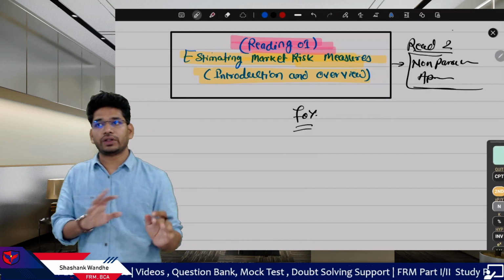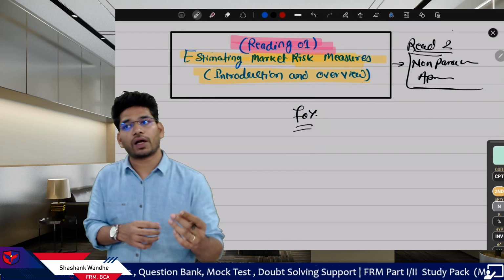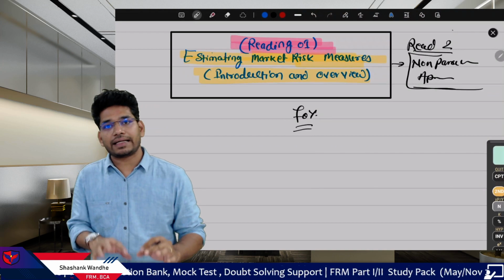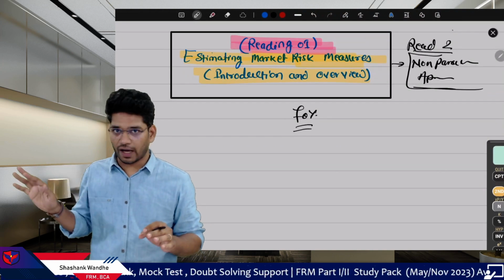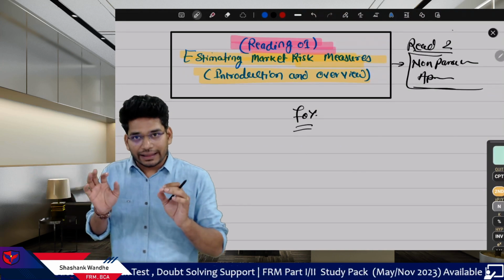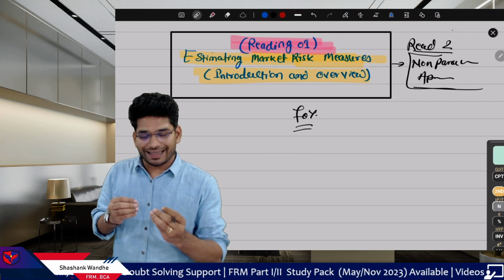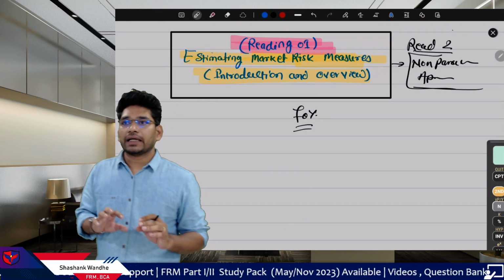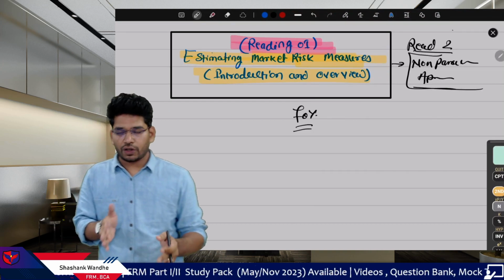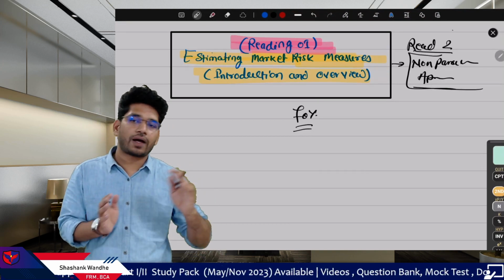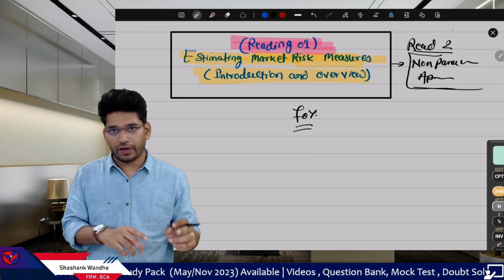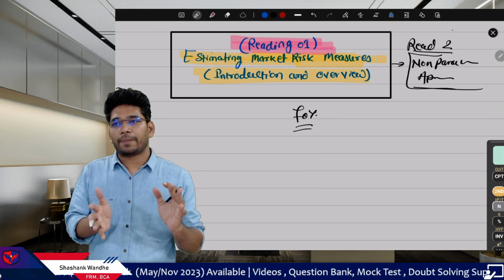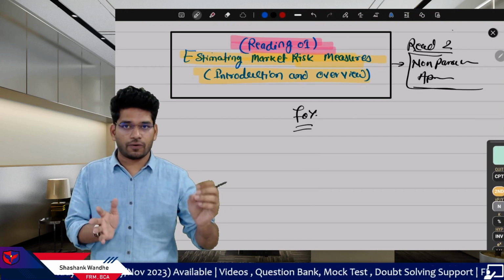Both readings are on value at risk only, and these readings cover the repeated discussion of FRM Part 1, but there is a slight difference in FRM Part 2 compared to FRM Part 1. If you combine both readings, you will get approximately 4 questions. 4 questions for sure.